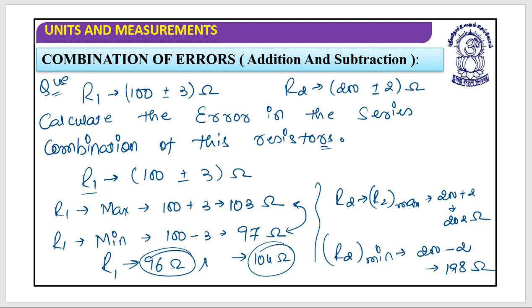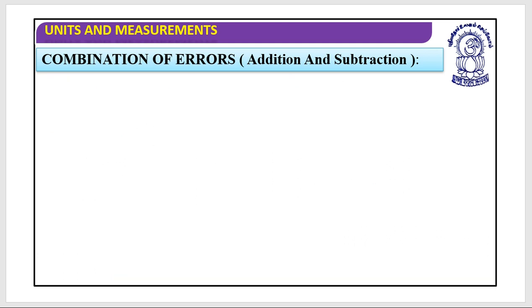Now let's move to the question again. R1 is 100 plus or minus 3 ohm, and R2 is 200 plus or minus 2 ohm, and I need to find the series combination.